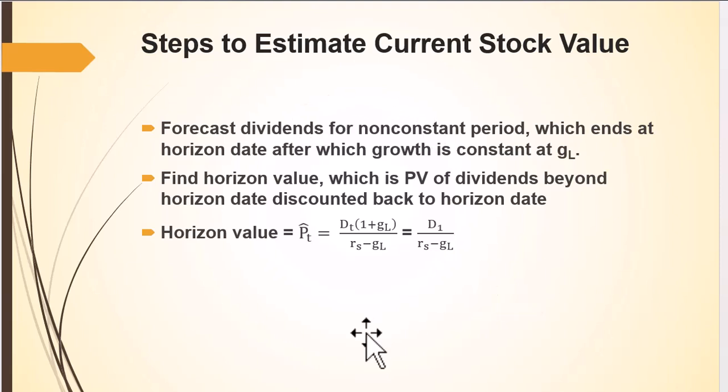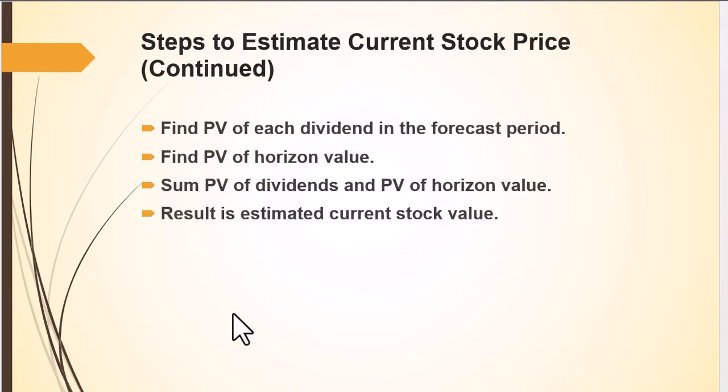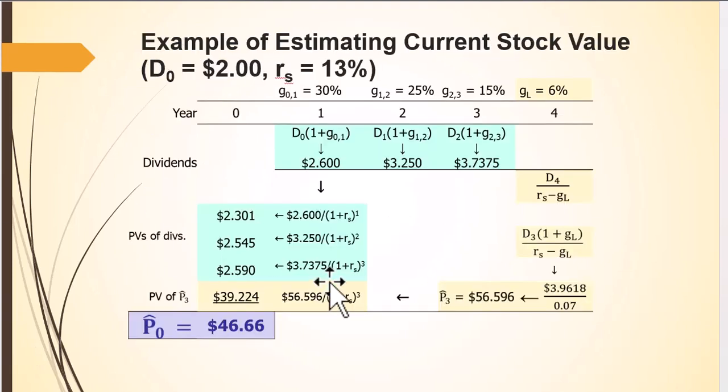So the dividends, remember, it's D sub t equals D sub t minus 1 times 1 plus the growth rate. So we find each dividend, find the present value of each one, find the present value of the horizon value, add those together, and that is our estimated stock value for this particular stock.